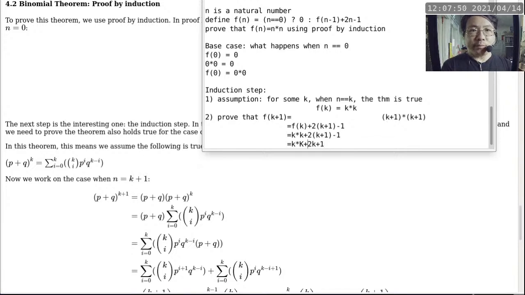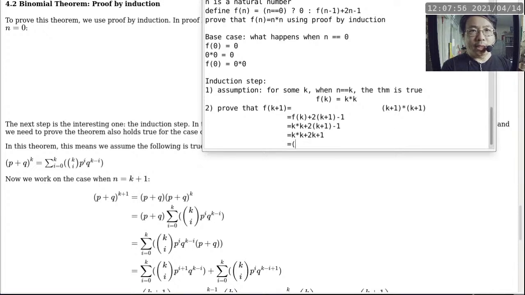And I'm pretty sure all of you recognize that this is really just k plus 1 squared. It's difficult for me to write squared, so I'm just going to use k plus 1 times k plus 1. Done, right?